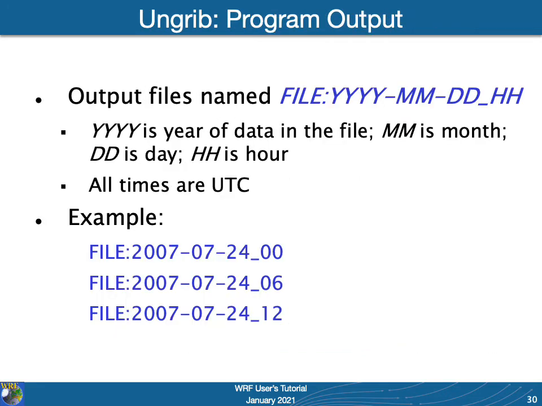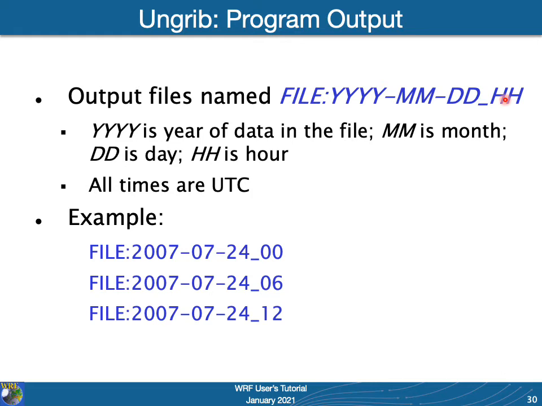So after the Ungrib program finishes running, we have a set of intermediate files. And in general, we have 1 file per time period of data that was processed by the Ungrib program. The names of these files by default are simply FILE, and then colon, and then a year, month, day, and hour. And that year, month, day, and hour is the valid time of the data in that intermediate file. And all times are UTC.